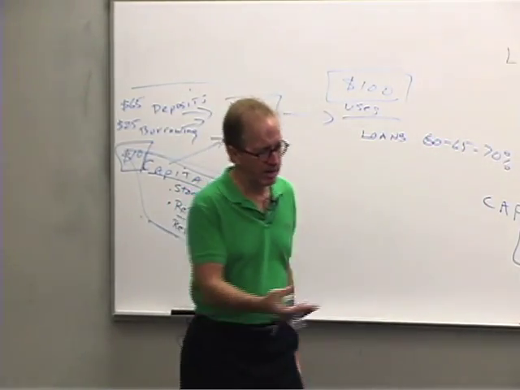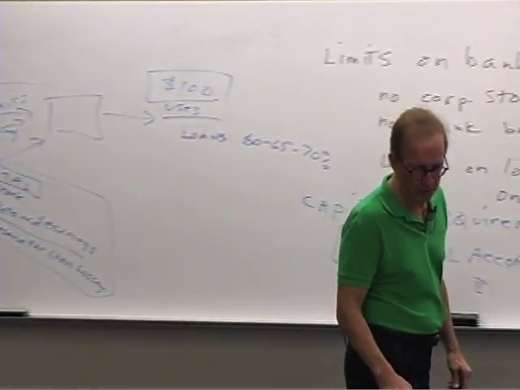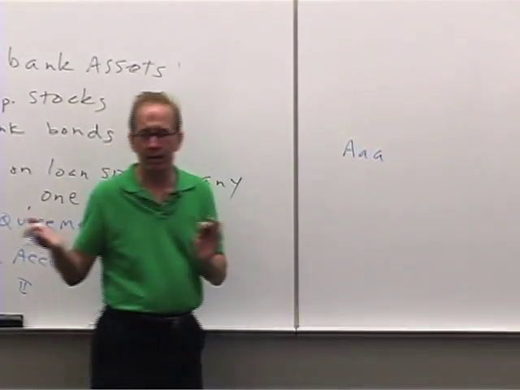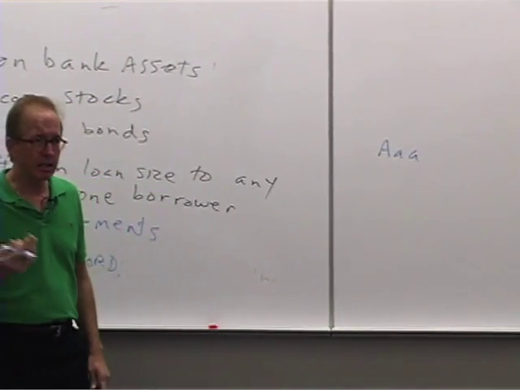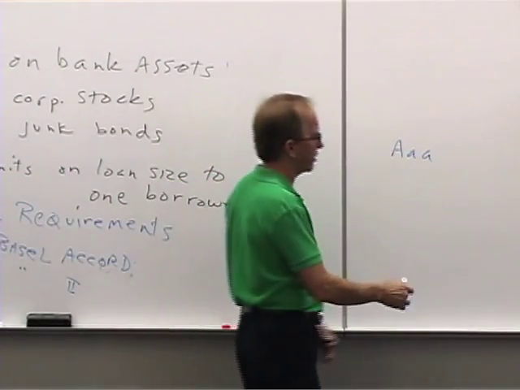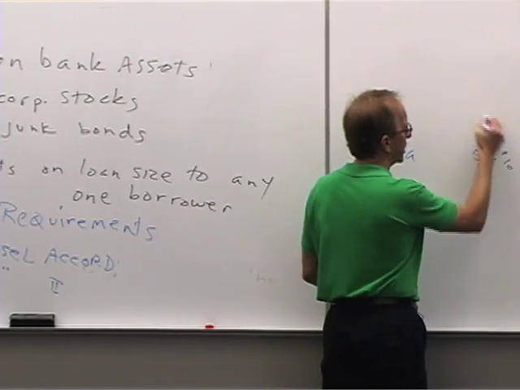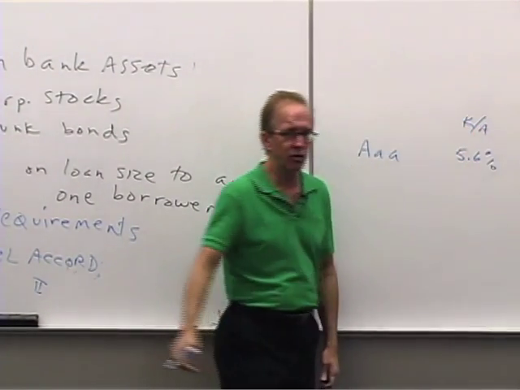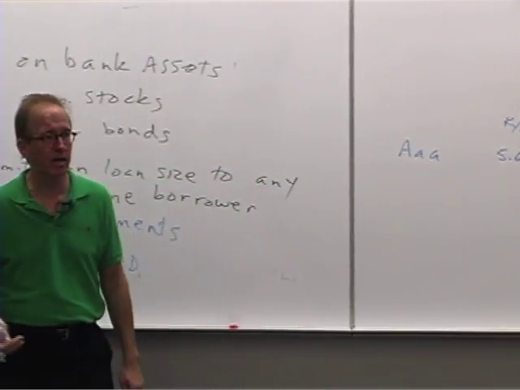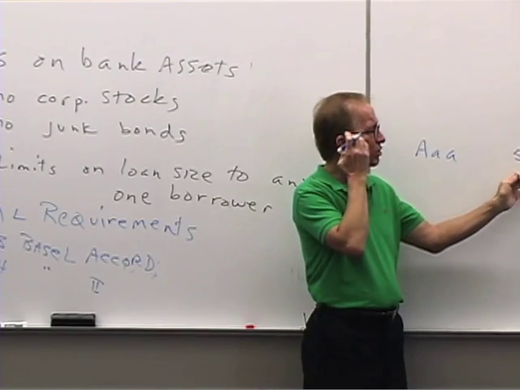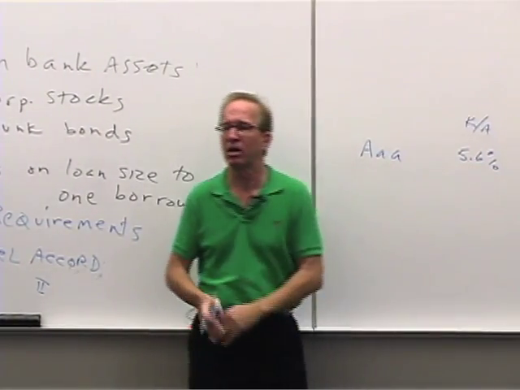And I wrote down a few things, but let's say that you make a AAA rated loan, a loan to a AAA rated company, then your capital asset ratio would be adequate if it were 5.6%. So on that asset, if you had a $1 million loan to a AAA company, then you could set aside $56,000 and that would be enough.